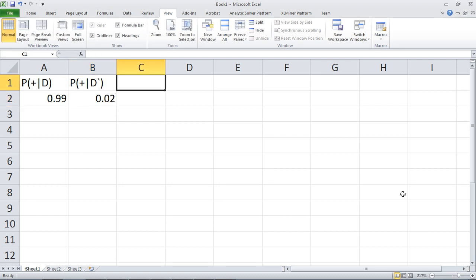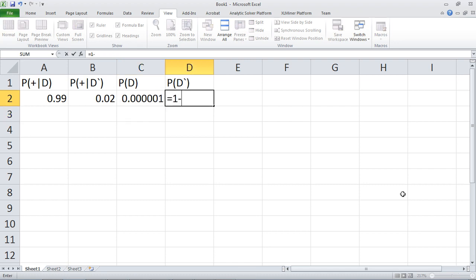We're going to say what's the prior probability of the disease and the prior probability of no disease. This is 1 divided by a million. Put an equals sign in there. And then we're going to say 1 minus that to get the prior probability of no disease.